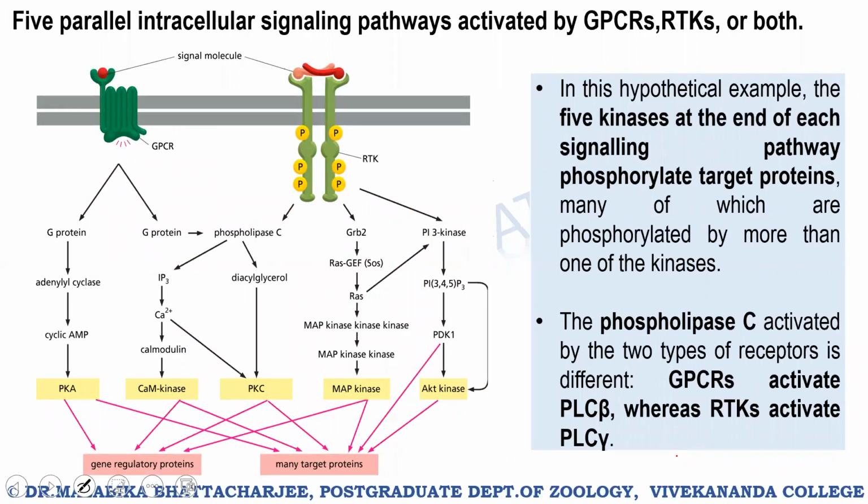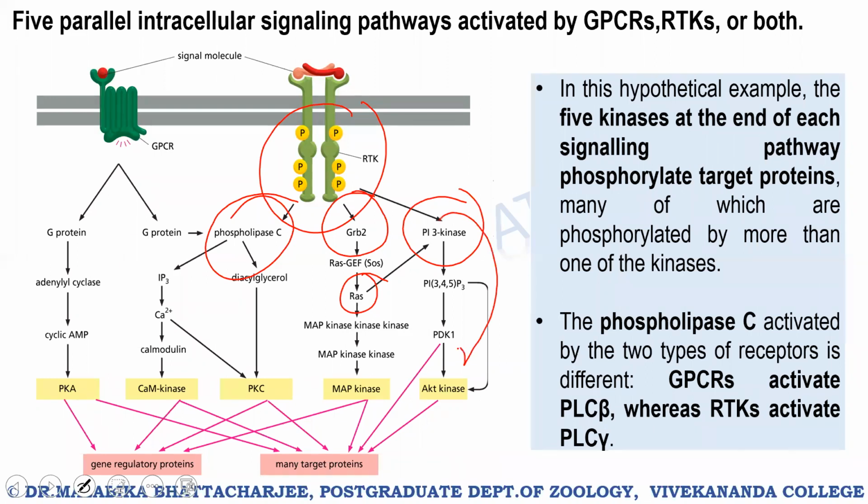And these are the different intracellular signaling pathways that are operative. So you can see five parallel signaling pathways activated by RTK. Let's restrict ourselves to RTK. It can activate the phospholipase C pathway. It can activate the GRB2 pathway, as we saw via the epidermal growth factor, where it activates RAS, and it can activate the phosphoinositide 3 kinase pathway.